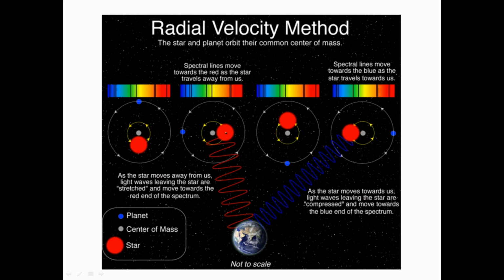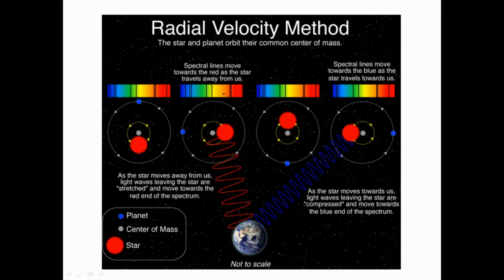So what that means is, if we observe the star orbiting around the centre of mass, when we observe the light from Earth, so here's the light from the star coming to Earth, and the star is moving away from us, the light from the star will exhibit a redshift.